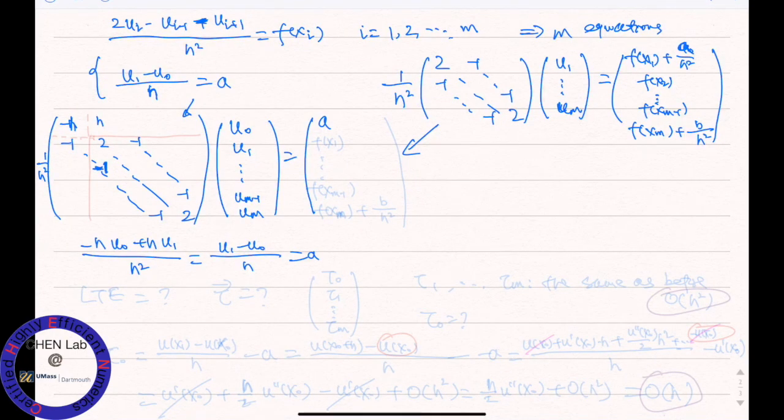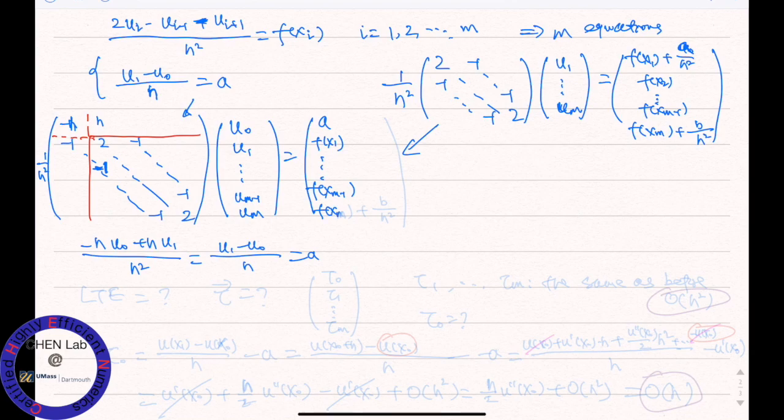So essentially what we have is that we take the matrix from last lecture, and then we add a row and add a column. And the right hand side, starting from the second row, is f at x1. This time we don't need to add that a over h squared, because u0 on the left hand side is unknown, all the way to f at x_{m-1}.